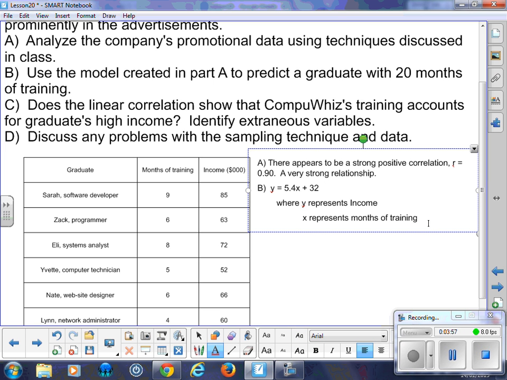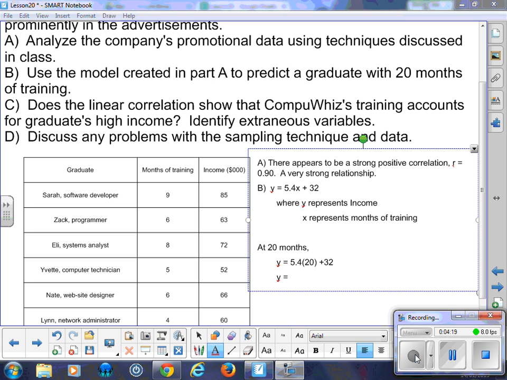All right, and B part wants us to predict 20 months. So at 20 months, we would end up with y equals 5.4 times 20 plus 32. I'm just going to do it all on here. Y equals, comes out to be a cool $140,000.